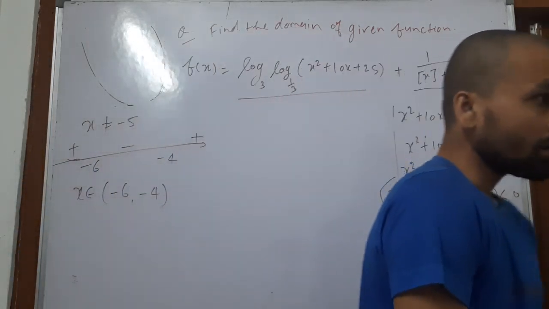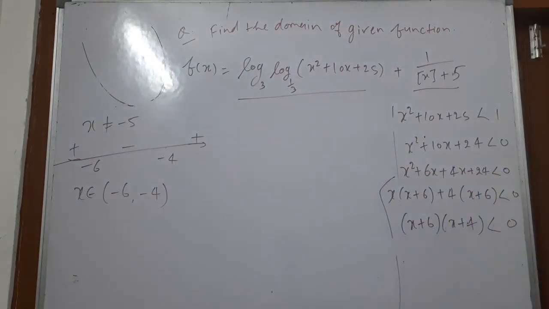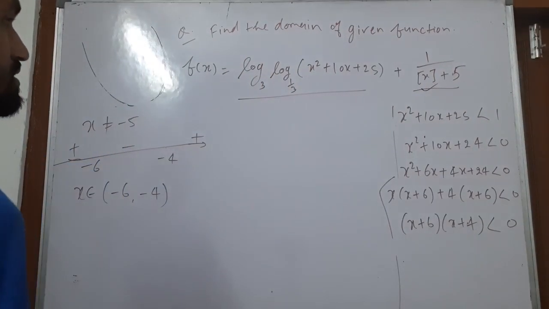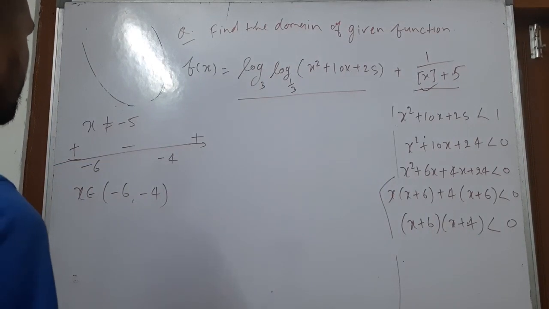Now we have to achieve our final domain. Students, we should achieve our final domain. We cannot take the value minus 5, since x is not equal to minus 5.